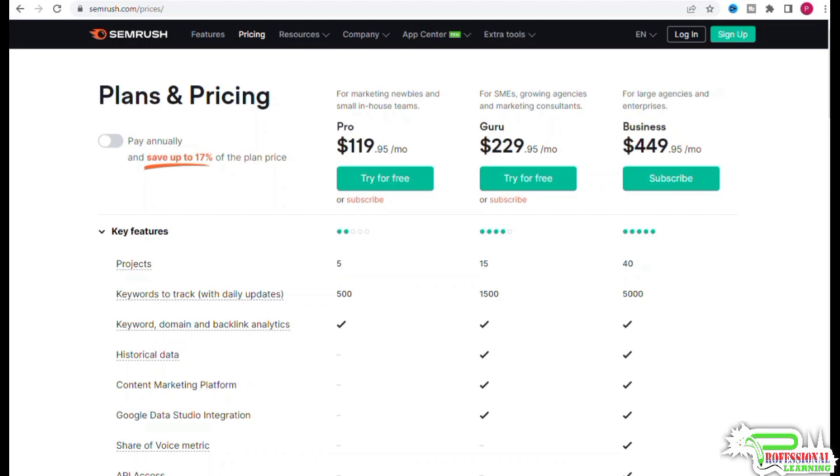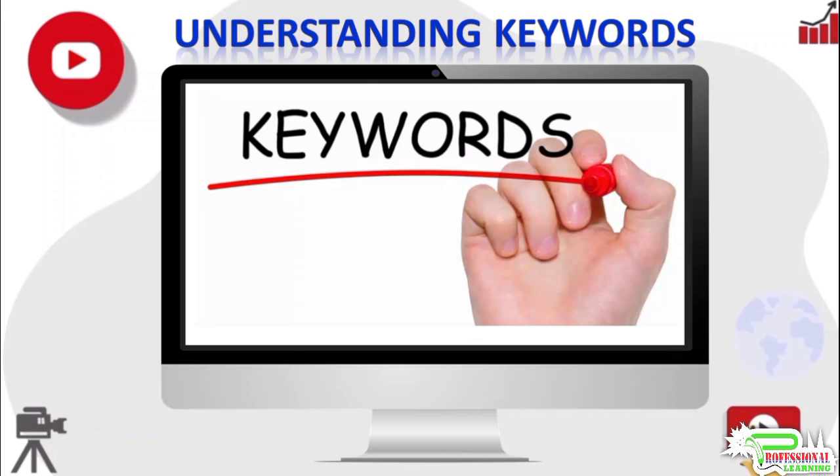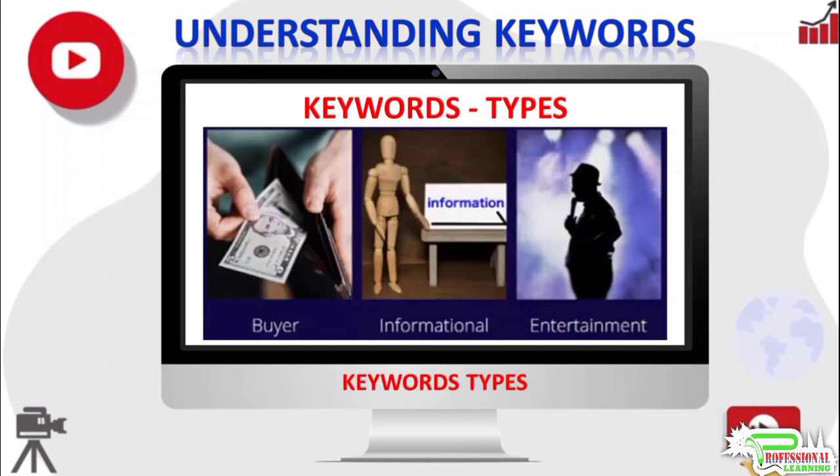Moving on, we will now discuss the best kind of keywords to target on your Amazon affiliate site. As we have seen earlier, you want to be using mostly buyer keywords. You can have a few pages focused on non-buyer informational keywords, but the majority of your pages should be focused on buyer keywords, and only specific types of buyer keywords.